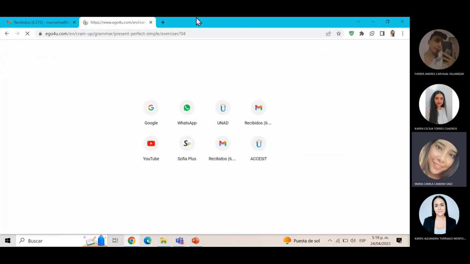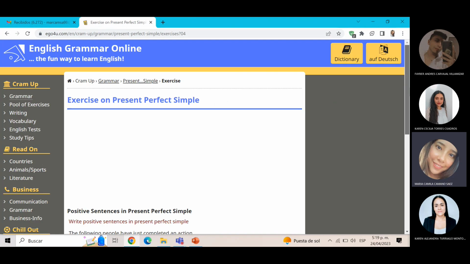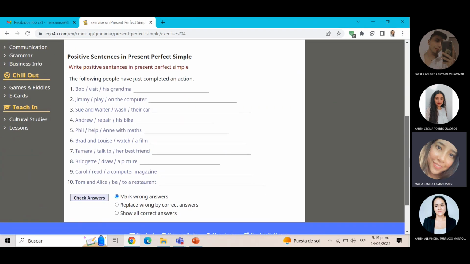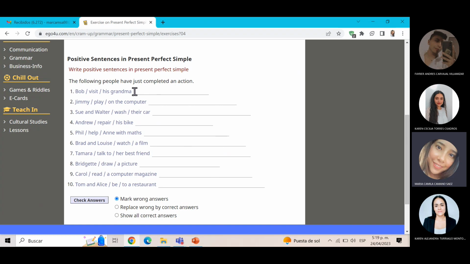This is a simple exercise, and in it we have to form sentences depending on these words. They are given a subject, a verb, and a complement, so you have to form the sentence from these three parts.